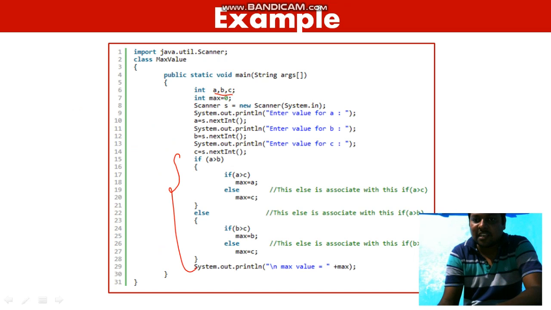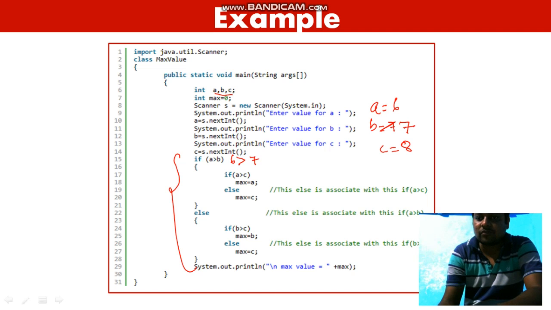For example, a is equal to 6, b is equal to 7, c is equal to 8. Now we see how it will be executed. The a value 6 greater than the b value 7 will be false, which means it will directly move to the else body.